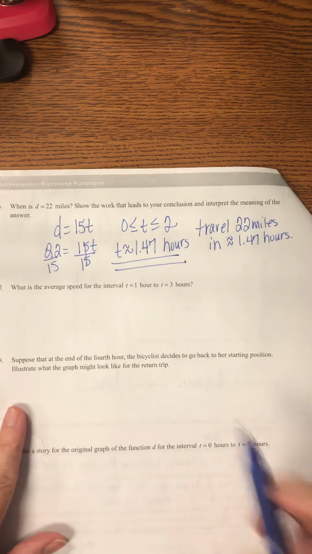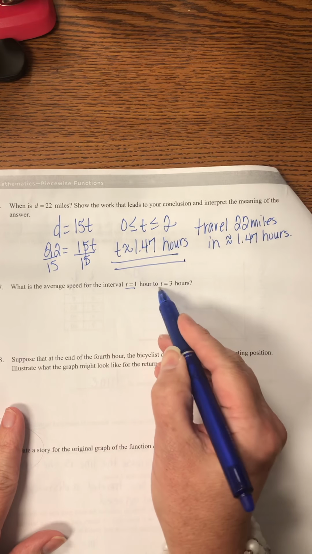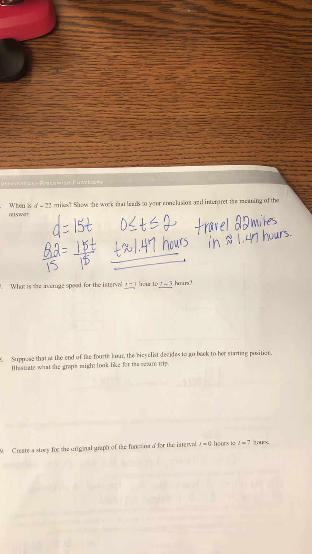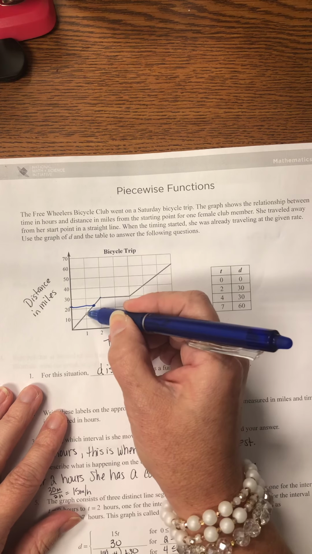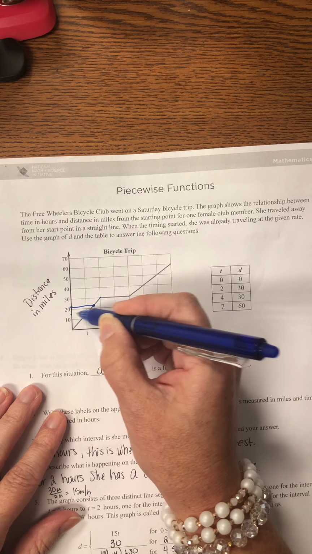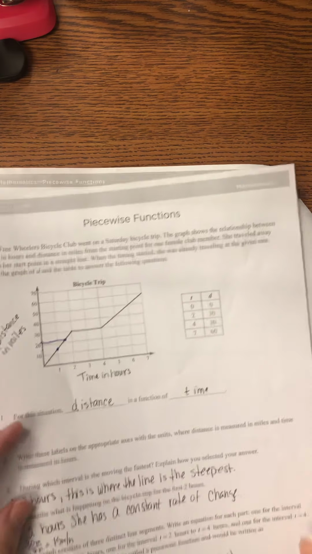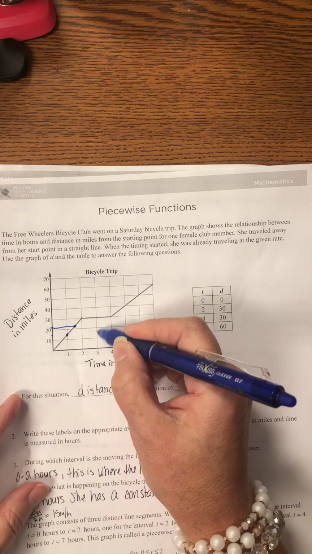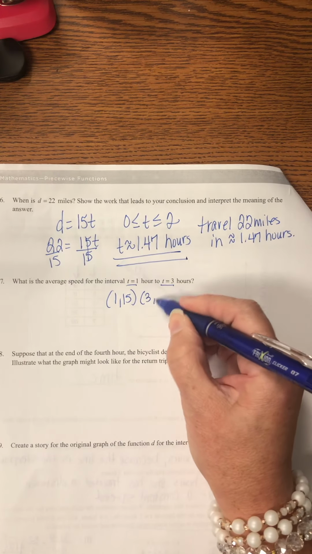And then on number 7, it says, what is the average speed for the interval t equals 1 to t equals 3 hours? So let's get our graph again. Now, at t equals 1, right here, we follow up, and we're at approximately 15 miles. So 1 and 15, 1 hour, 15 miles. And then at t equals 3, we follow it up to right here at 30. So 3 and 30 for our ordered pair.